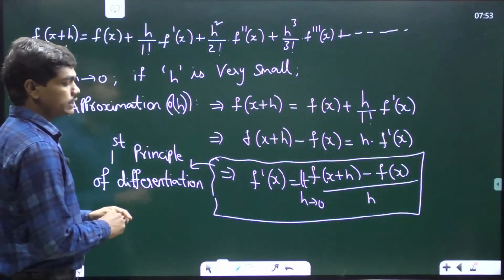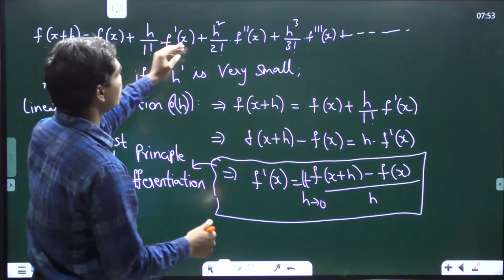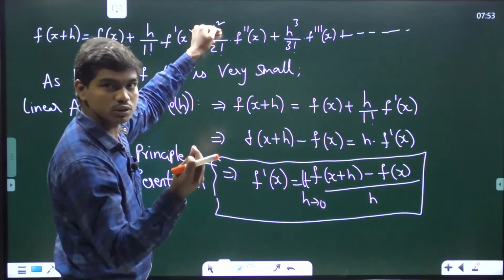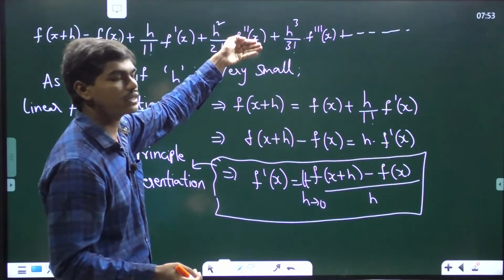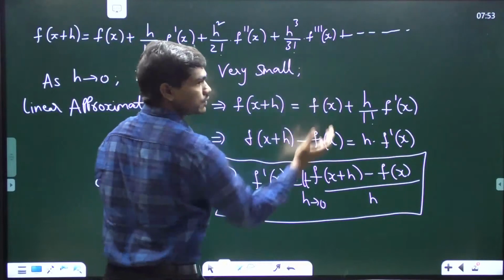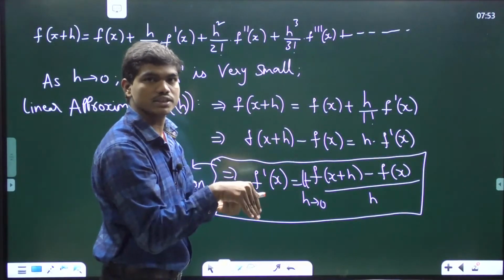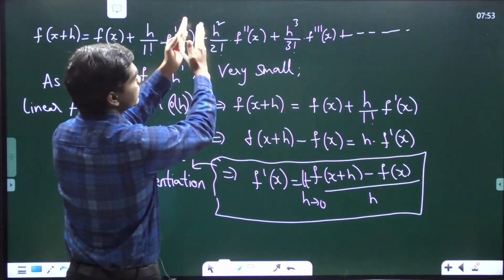Okay, Manoj, I'm explaining once again. After considering h is small, if h is very small, then h square value is still smaller. For example, if h is 0.1, then h square will be 0.01, which is very much smaller. And dividing such small numbers by higher factorials will further reduce the values to very little. So I'm neglecting higher orders of h.